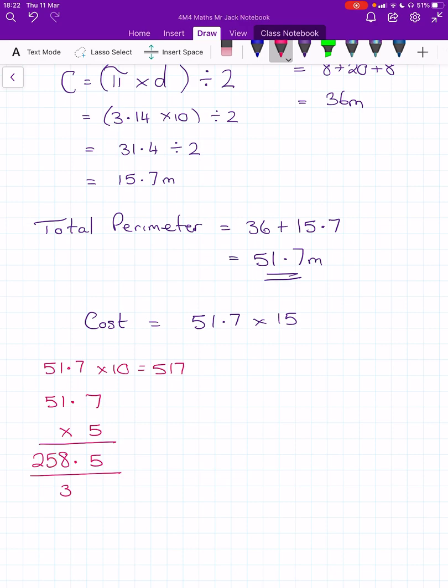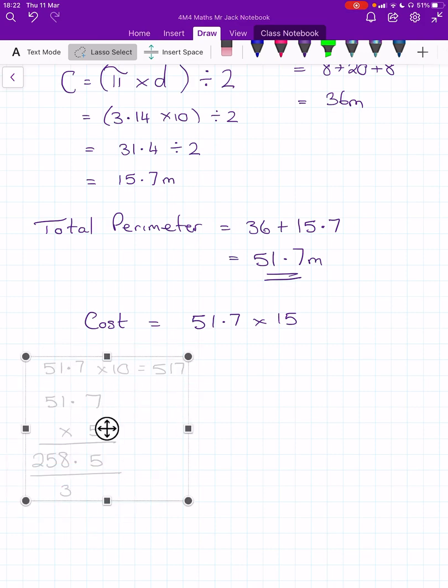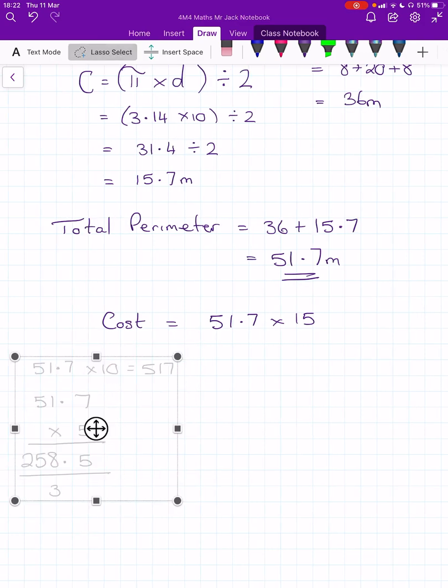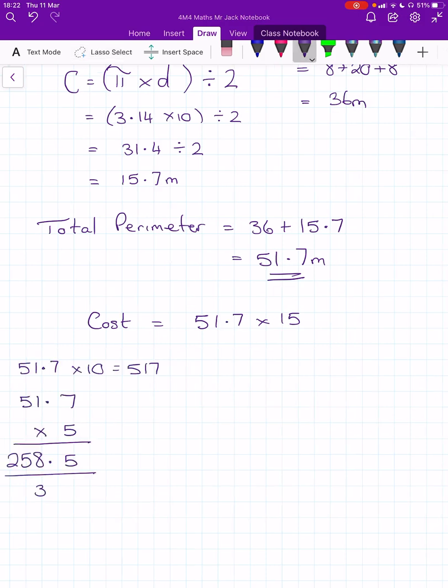So the cost, I need to just move my working across ever so slightly because it's just about in my way. My cost is going to be 517 plus 258.50. Now again, if you need to do a little bit of working off to the side, you can go ahead and do that.